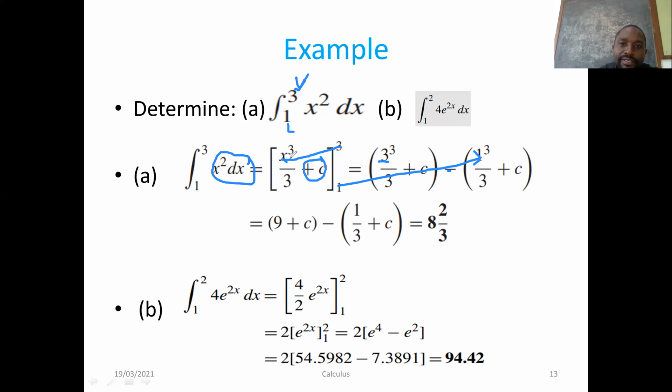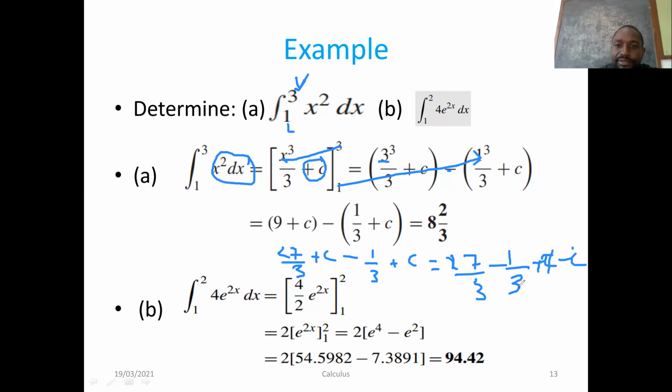Simplifying it further, this will give me 3 to the power 3. It's basically 27 divided by 3 plus c minus, I put now where there's a 1, I'm going to have 1 over 3 plus c, and this is going to give us 27 over 3 minus 1 over 3, then you have plus c minus c, which will basically cancel.